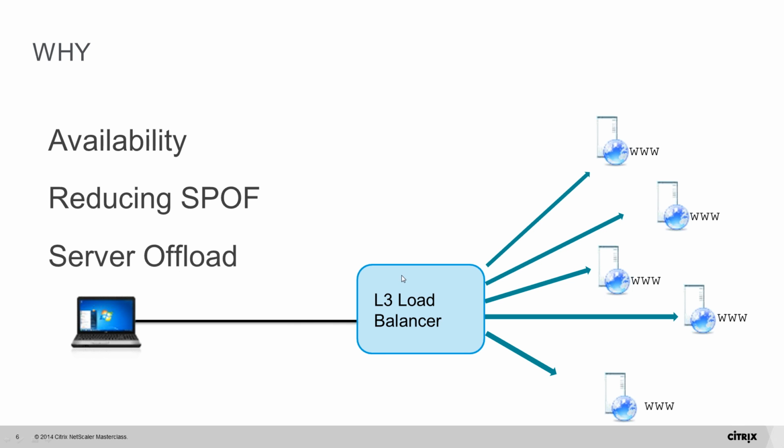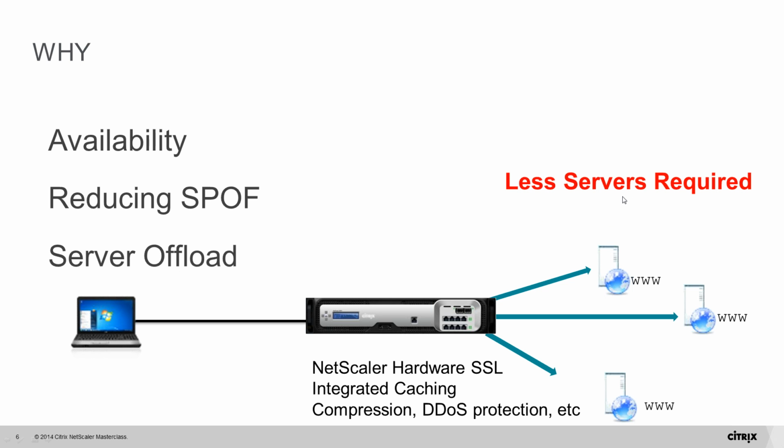You'll find if you introduce a NetScaler into this type of scenario, you'll see that there's actually less resources required to provide the running of your system. The main reason for that is that we have dedicated hardware, as Michael referred to earlier on. We've dedicated SSL offloading hardware on the appliance. We have features such as integrated caching, which will actually hold objects in its RAM and serve them directly back to the client, which means the web servers have less work to do.